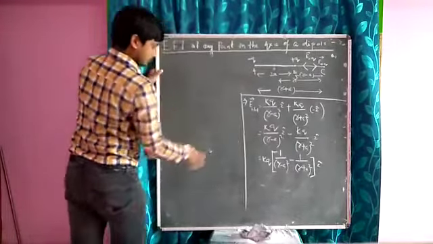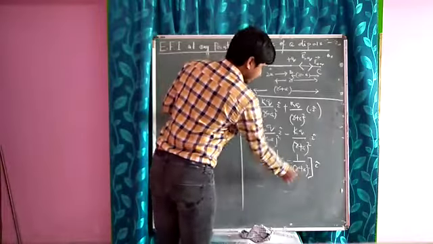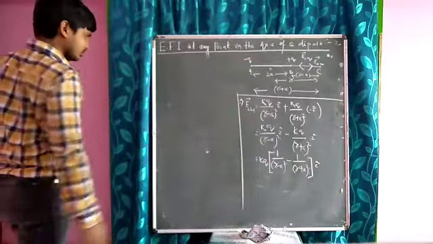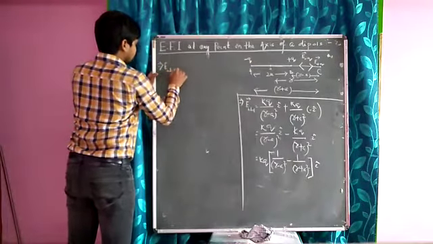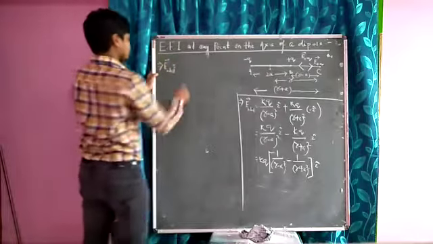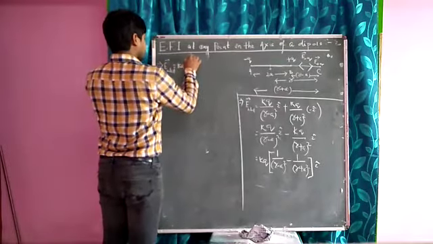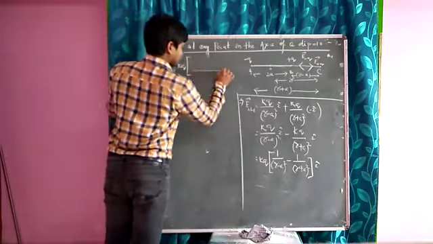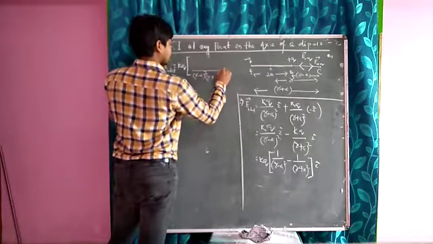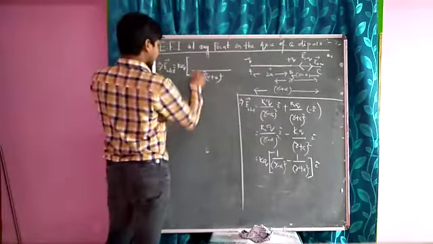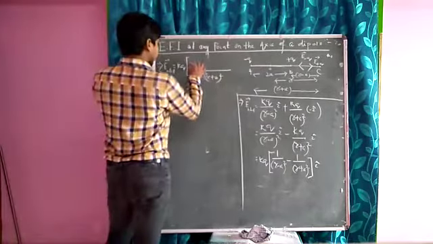Again, you can see that here our E net will be equal to KQ. This will be what? R minus A whole square into R plus A whole square. Here you will get R plus A whole square minus R minus A whole square into I cap.